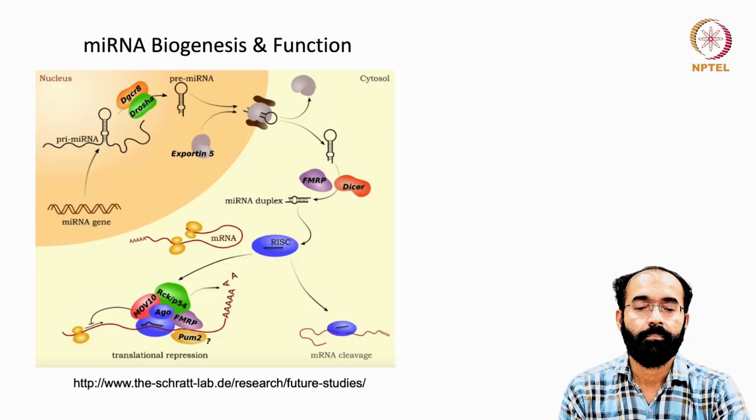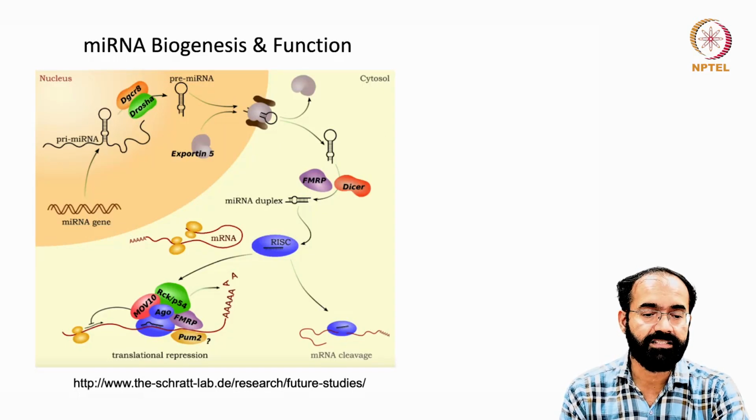Now in this microRNA biogenesis cartoon, you can see the nucleus and the primary microRNA which has formed the loop, and this is from the DNA. This stem loop structure is acted upon by Drosha nuclease and DGCR8, and you end up getting a pre-microRNA, and this pre-microRNA is now released into the cytoplasm with the help of exportin through the nuclear pore complex.